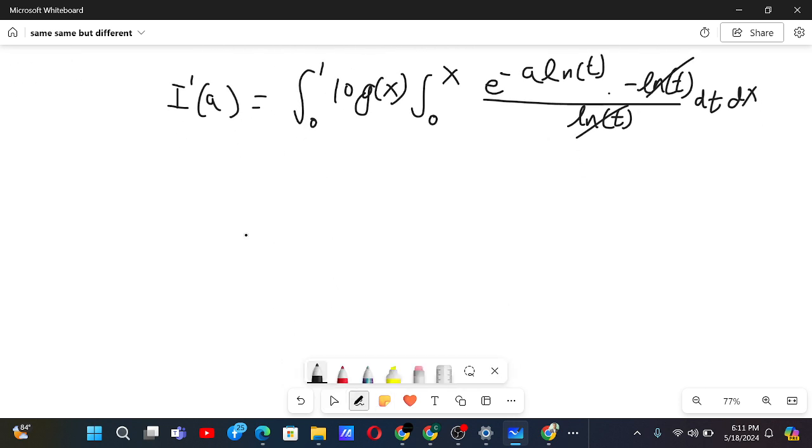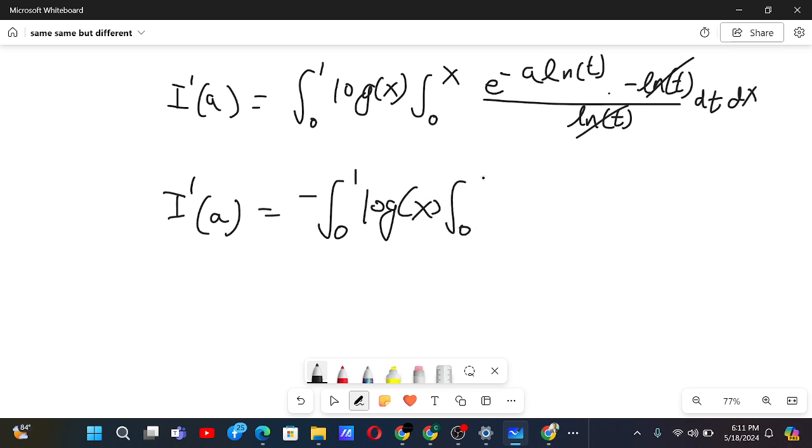So we have I'(a) equals negative of the integral from 0 to 1 of log of x times the integral from 0 to x of e to the power minus a ln t, meaning t to the power minus a, dt dx.